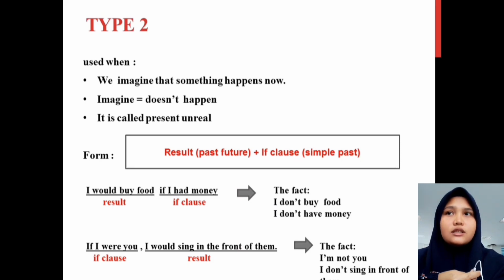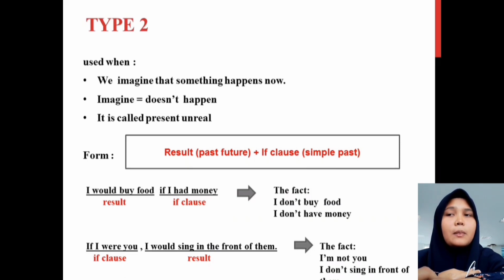The form that we use in type 2 is the result by using past future and then the if clause by using simple past. Example, I would buy food if I had money. I would buy food is the result. If I had money is the if clause. Remember, type 2, just imagine.